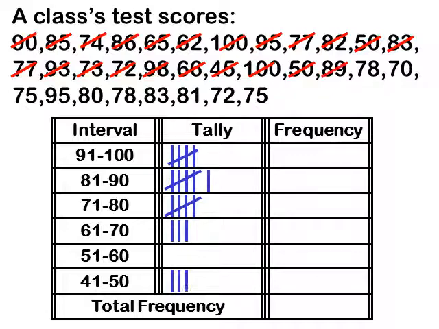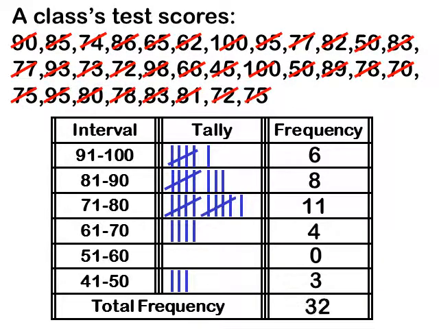After we complete our frequency table, we are going to utilize our interval as our horizontal axis for our histogram and our frequency as our vertical axis for our histogram.